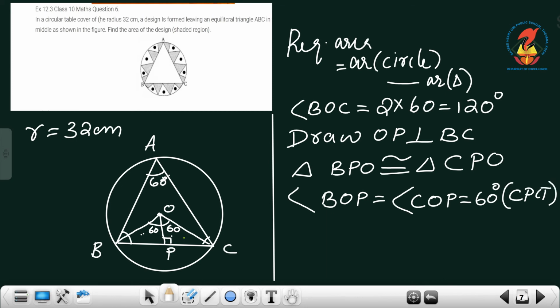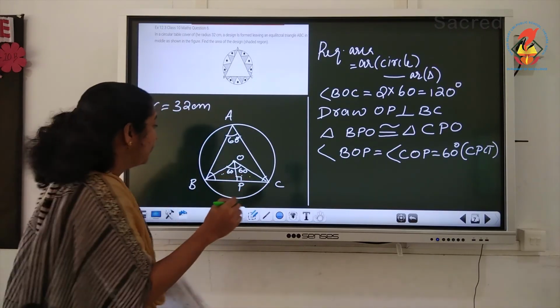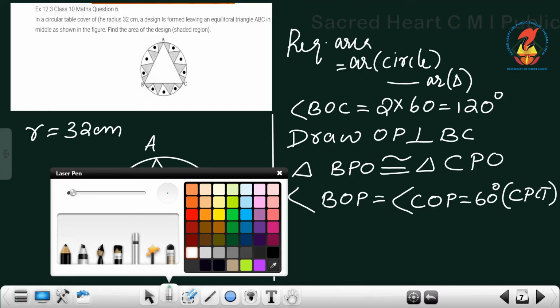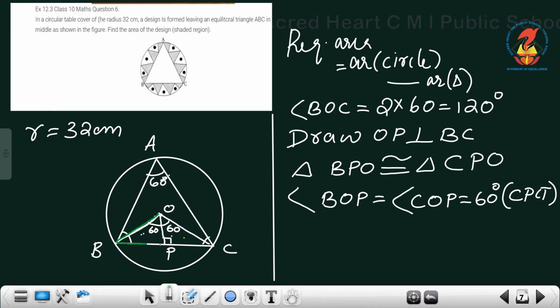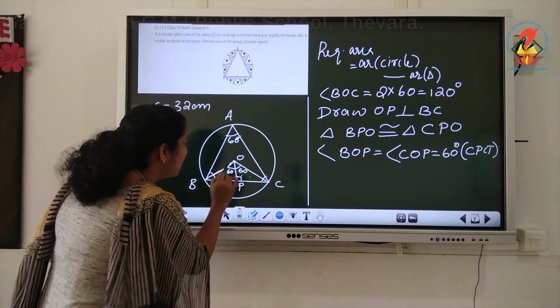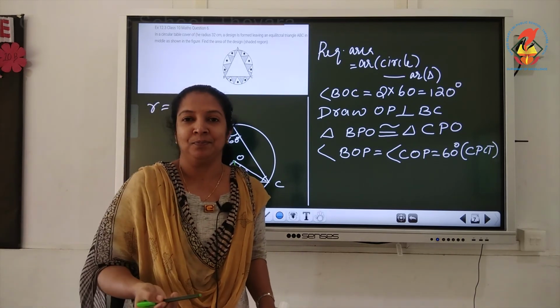What we need is the side of the triangle. From one of these triangles, we can find this side. If we get that side, we can find the full one, because it is a perpendicular from the center to a chord, so it is actually double.